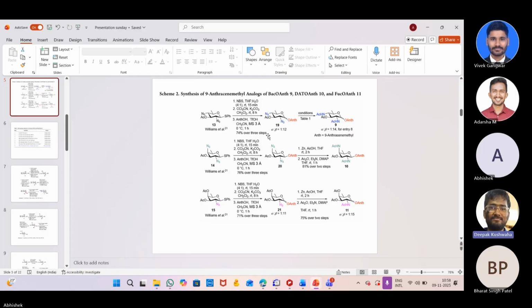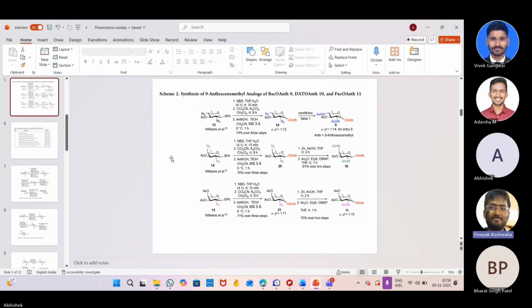In that case, it won't do anything to the acceptor. Probably that will be the case, because Abhishek also has a similar problem. NIS was doing some reaction with the anthracene or naphthyl group.